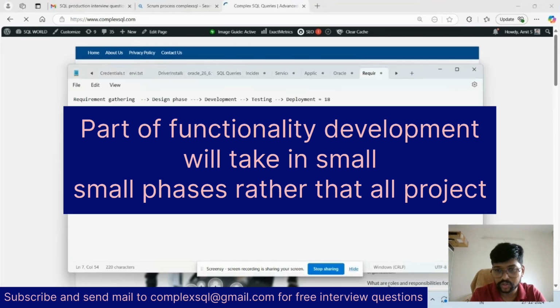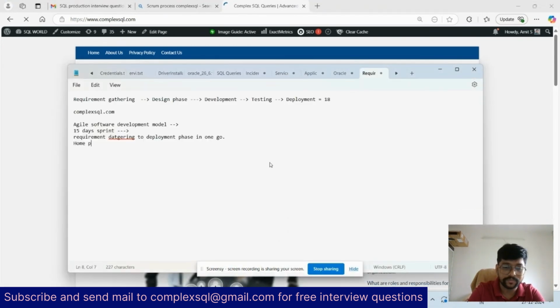You require to build the home page. So the business analyst will gather the requirement in 2 days.